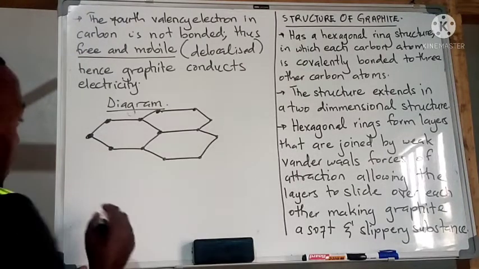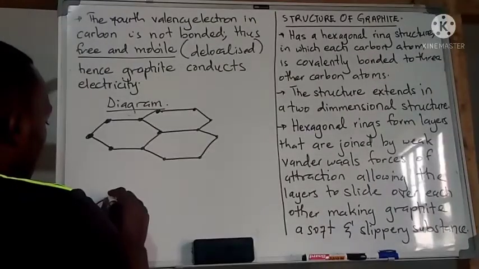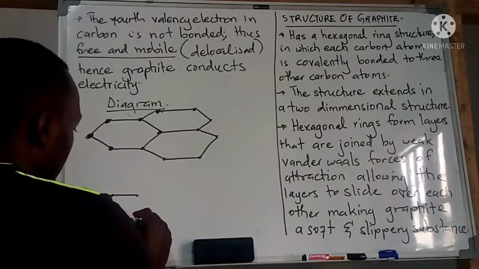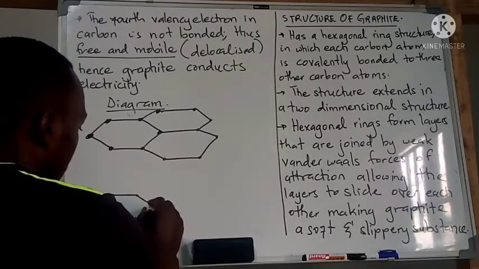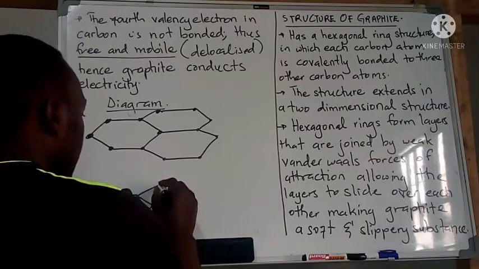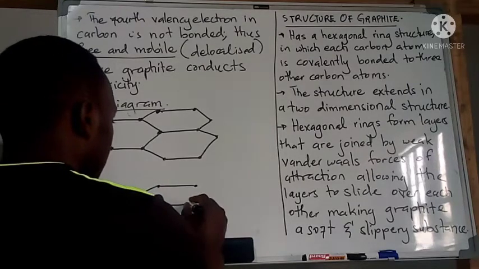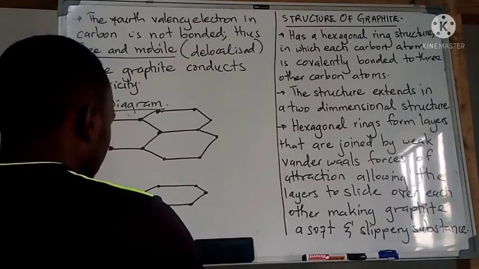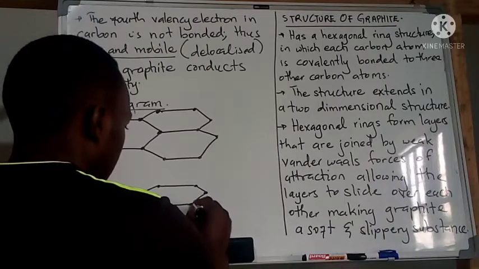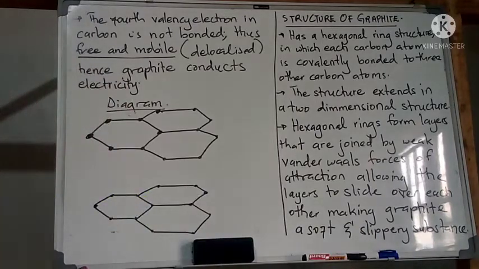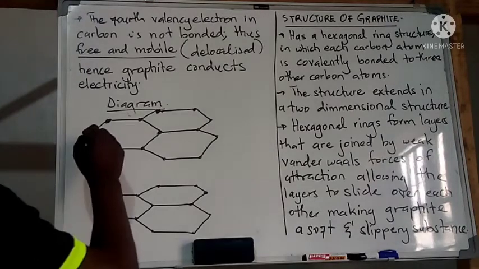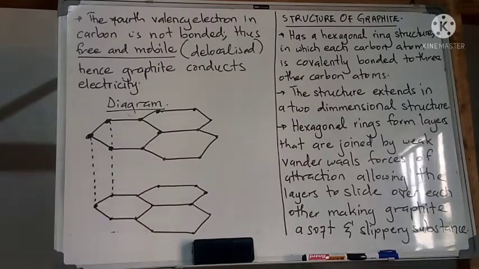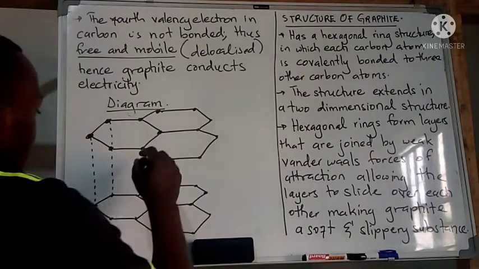So if I form another layer, if you see to it that we form another hexagonal ring layer, you are to see to it that these ones are connected by the weak van der Waals forces of attraction.